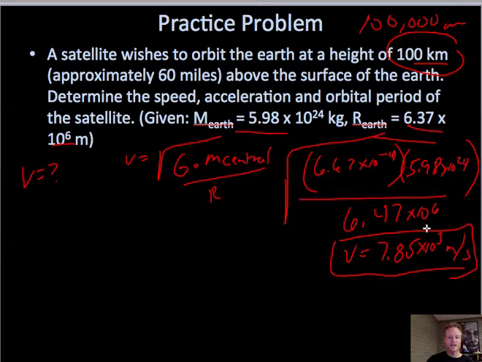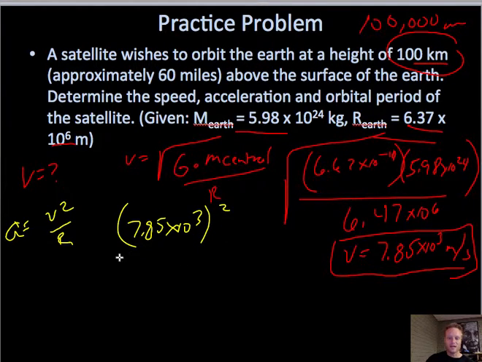Okay, now that I know the velocity, I can find the acceleration. And if you remember, the acceleration of an object undergoing circular motion is a equals v squared over r. Well, I know v is 7.85 times 10 to the 3rd meters per second, which I'm going to leave the units out again, squared, over the r, which we know is 6.47 times 10 to the 6.